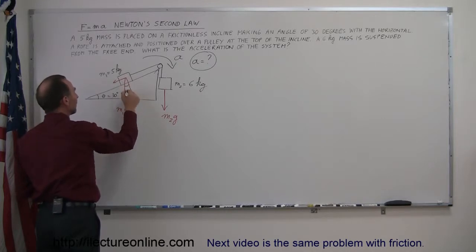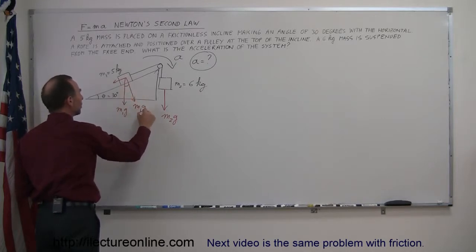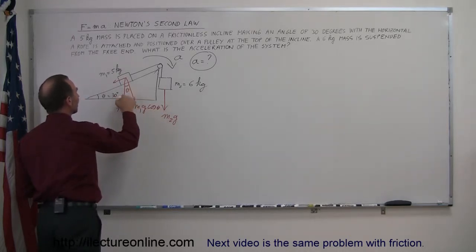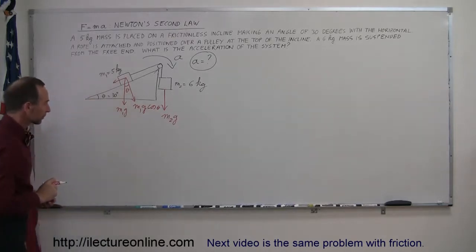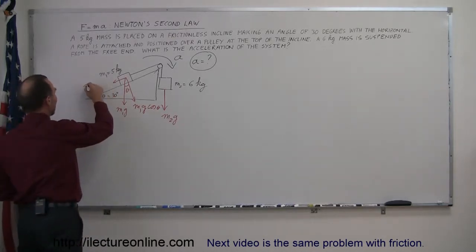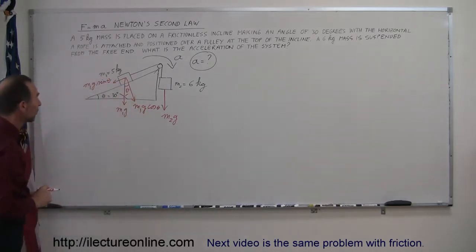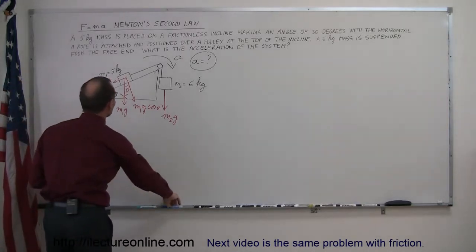This can be said to be m1g times the cosine of the angle theta. This angle theta right here is the same as this angle theta right there. That makes this m1g sine of theta. And so this is no longer there. We've replaced it by its two components. Now there's a second force acting down here.